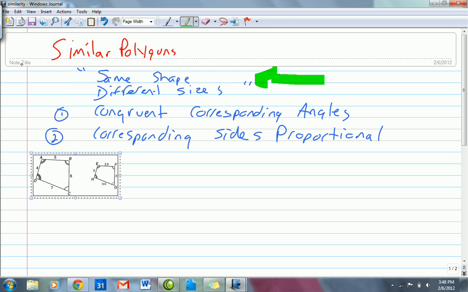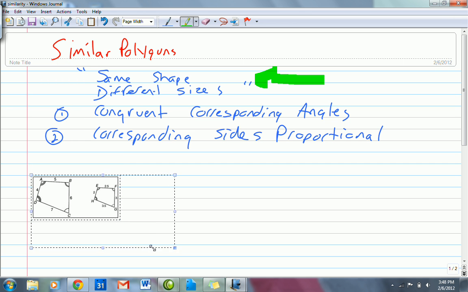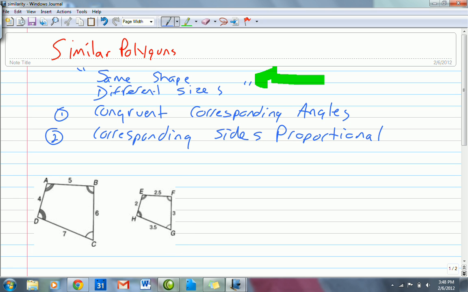Here's an illustration of two similar quadrilaterals, and we'll suppose quadrilateral ABCD is similar to EFGH, and we're going to match up A, B, C, D with E, F, G, H. In order does count.